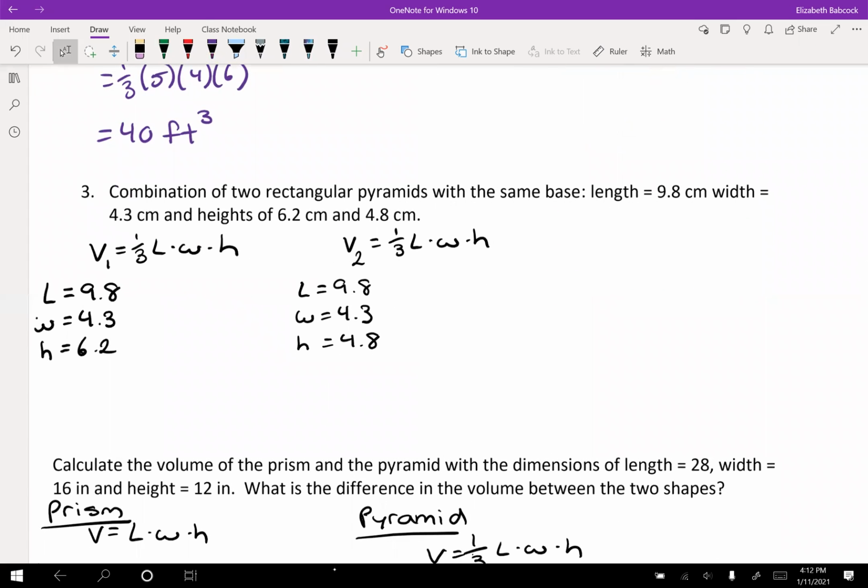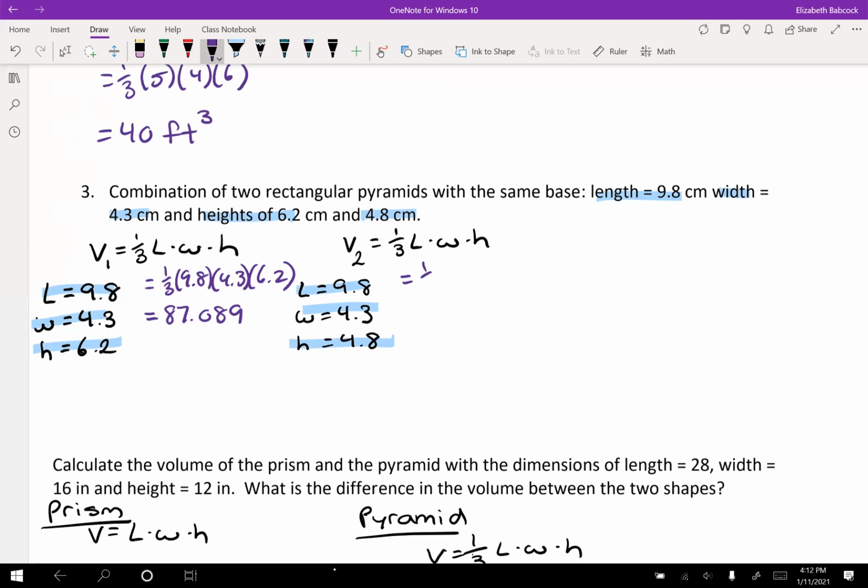Okay. Now we're dealing with a combination of two rectangular pyramids with the same base. So the length is 9.8, width is 4.3. So I've split them and written them twice so that I have them separated. And then one is a height of 6.2 and one is a height of 4.8. So equals 1 over 3, and this one will give you a volume of 87.089.